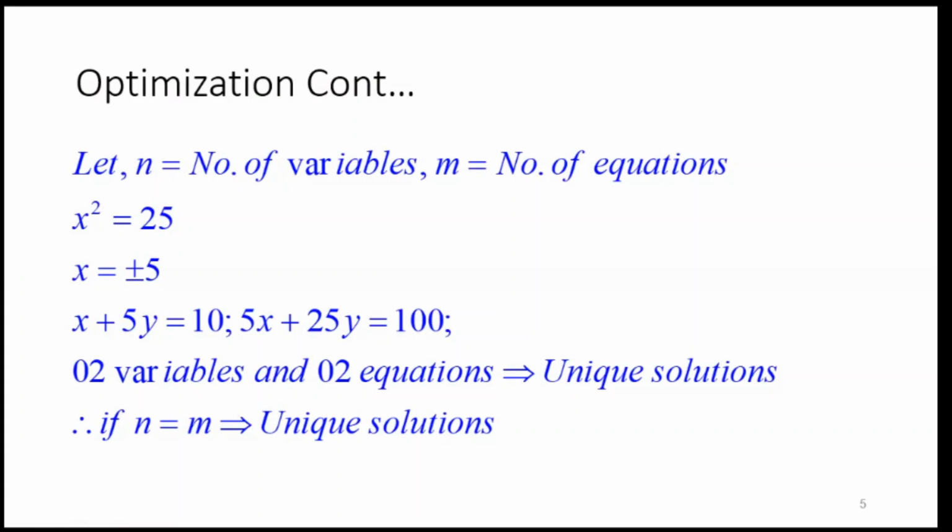Now, you must have studied the Newton-Raphson method. In the Newton-Raphson method, we solve a number of simultaneous non-linear or linear equations. So in the Newton-Raphson method, the number of variables and the number of equations are the same, so you get the unique solutions. Of course, in some cases, there may be the presence of multiple answers. This is a different case.